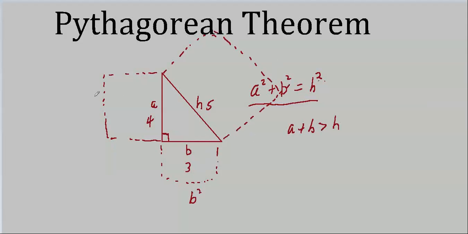The area of this is a squared. And what he did was he just created these squares out of tiles and then took all the tiles and showed that they fit right into this one. And this, of course, has side h, and the area of this is h squared. So he, in a sense, physically showed that this squared plus this squared is this squared by breaking these two areas up and fitting them inside this one.